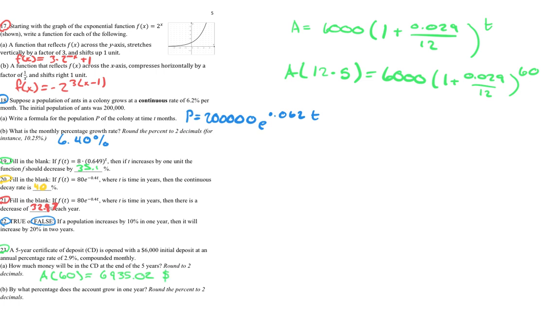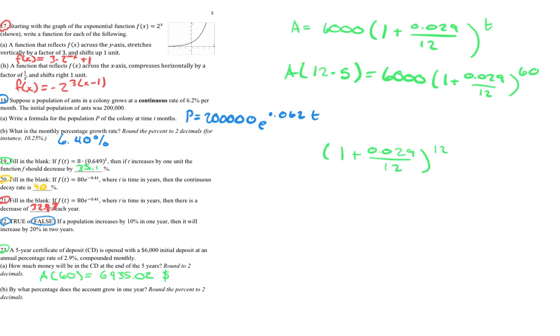And then for part B, by what percentage does the account grow in 1 year? Round this percent to 2 decimal places. So let's just look at what happens if we plug that in here. 0.029 over 12. Because this is our monthly amount, we have to say that t equals 12 because there are 12 months in a year.